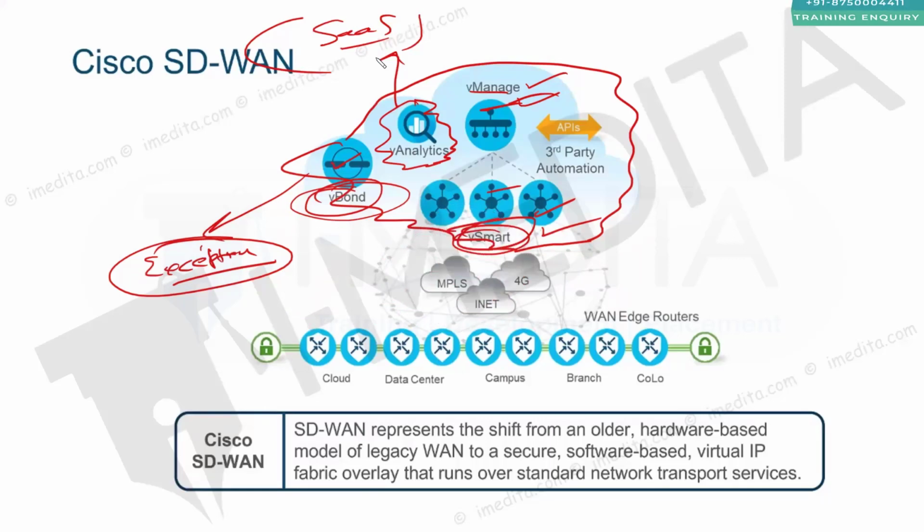In many cases, you would find a customer requirement that they don't have internet access at all, and they don't want to provide internet access to their vManage. In such a case, you can't use this feature called vAnalytics, because it can be used only if your vManage has internet access. If there is no internet access, vAnalytics cannot be utilized.